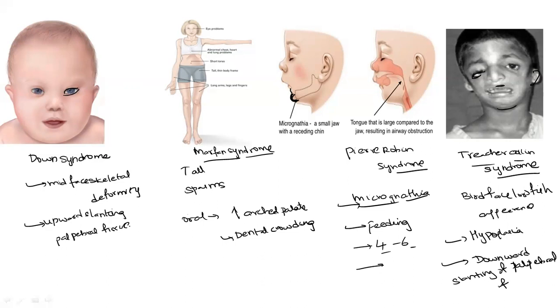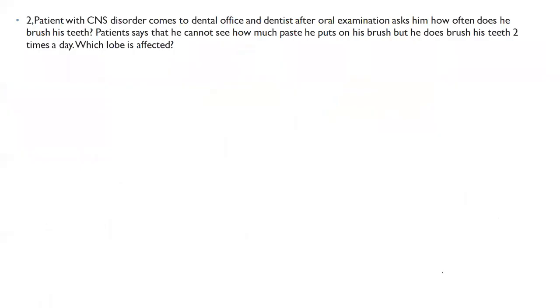Whereas in Down syndrome, it's upward slanting of palpebral fissures. So this is really important according to the exam. So read the question, if they ask for upward slanting palpebral fissures, then it's Down syndrome. And if they ask downward slanting of palpebral fissures, it is Treacher Collin syndrome.